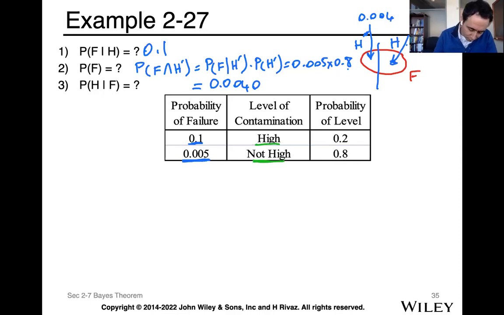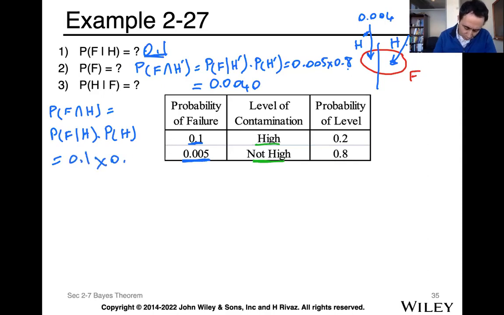This part, probability of failure intersection H, is probability of failure given H times probability of H. Probability of failure given H, that one we already know, we wrote it here. So that's 0.1 times probability of H, that's 0.2.